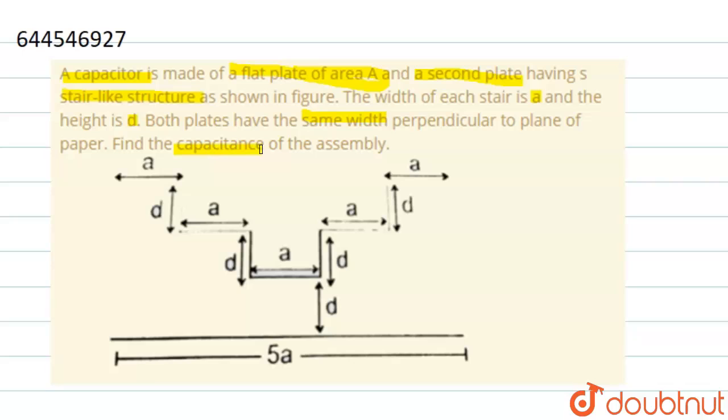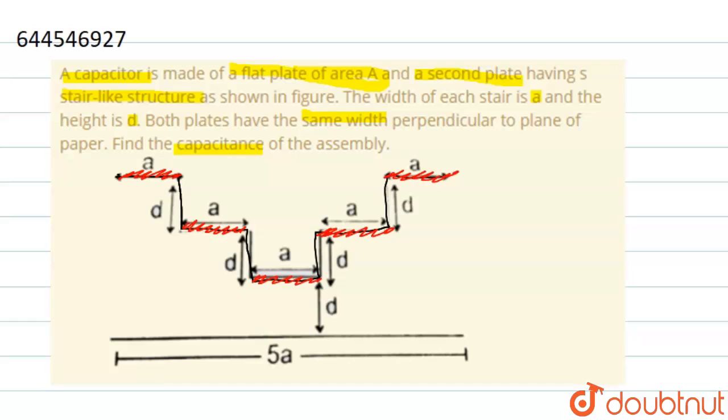So I will explain the question, that is, what the stair-like structure is. Actually this is given as the stair, this type of structure, and if we take partitions of each plate, suppose I am taking one time this plate, another time this plate, third time this plate, fourth time this plate, and fifth time this plate.